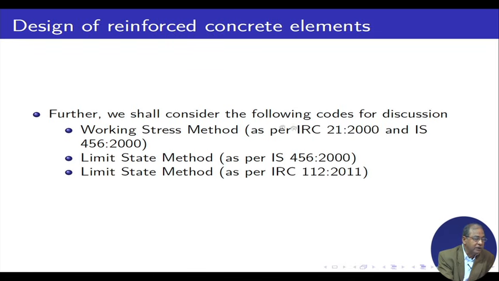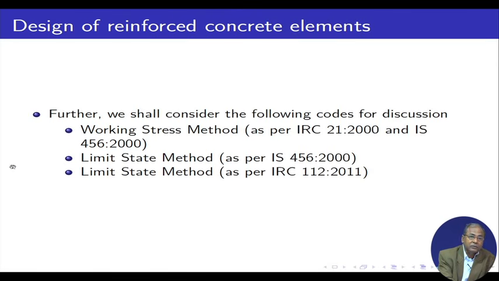So, that is why we have taken the relevant codes, the first one IRC 21 2000, and we are also taking IS 456 2000. Our basic objective is to know the difference and how far one particular code differs from another code.